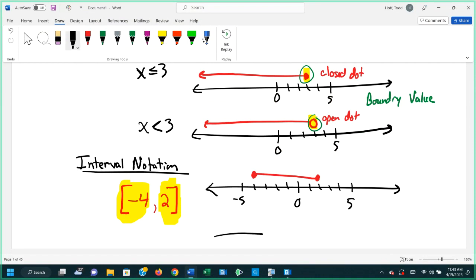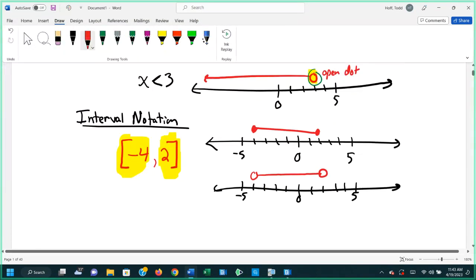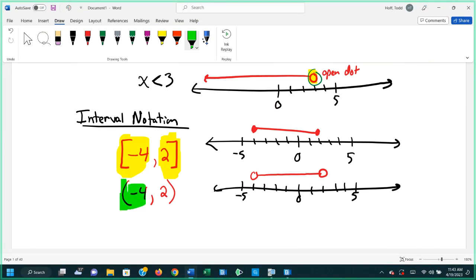Had it been that those boundary values were not included, well, then we would use round brackets there. So here, this round bracket is saying the -4 is not included, and this one is saying that the 2 is not included.